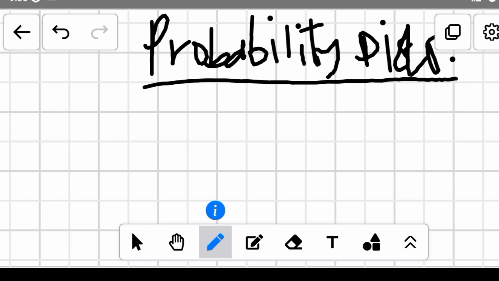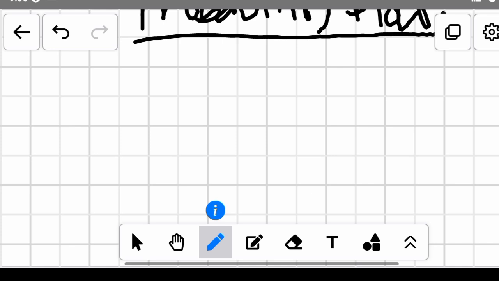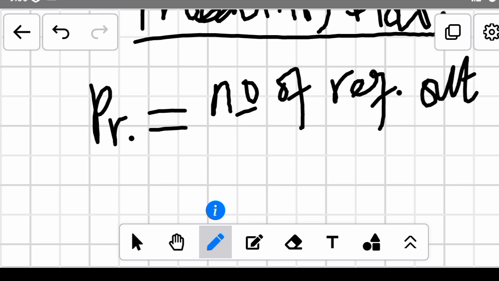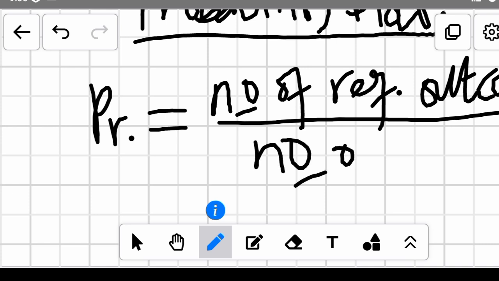Okay, let me make my explanation with this. Just like the theory of probability we learn right from the basic class, we understand that probability is a game of chance, and it is equal to the number of required outcome over number of possible outcome. So probability P(R) is the number of required outcome all over the number of possible outcome.